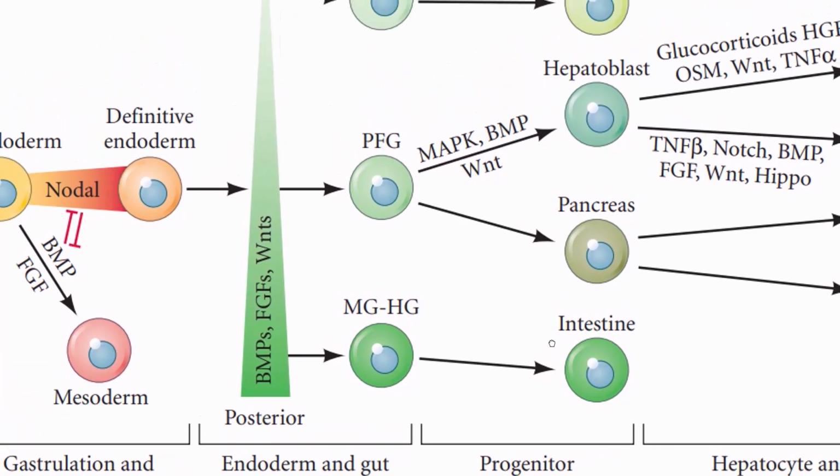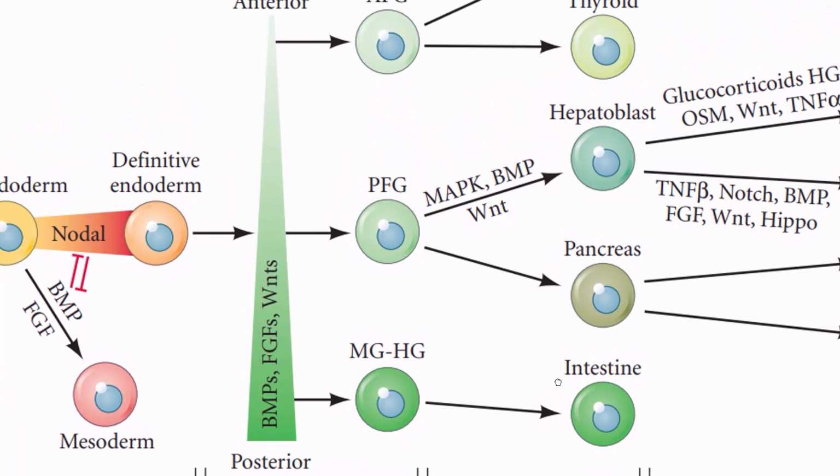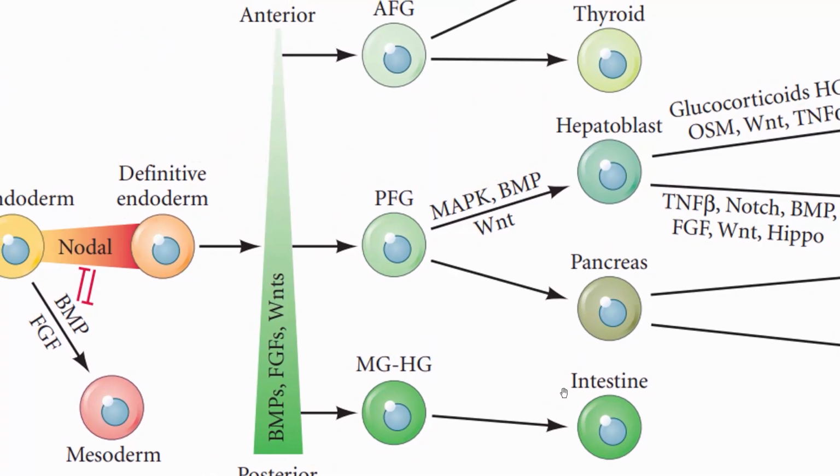In the middle, between the posterior region and the anterior region, the endodermal cells have somewhat lower exposure to the paracrine factors. These cells will become the posterior foregut cells that will give rise to the liver and pancreas.